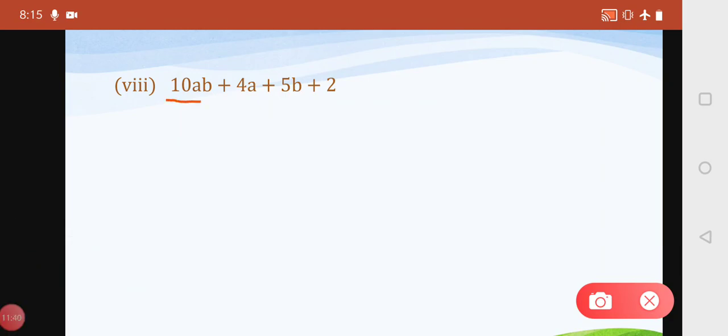In the first group, you can see 10 and 4 both come in the table of 2, and a is the same variable in both the terms, so we can take out 2a common. In the second group, we cannot take out anything common, but it doesn't matter, because we get the same terms in the bracket as the first group.